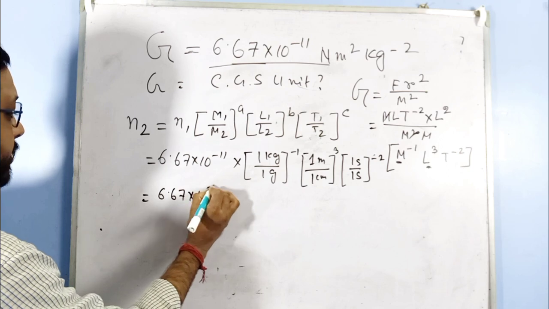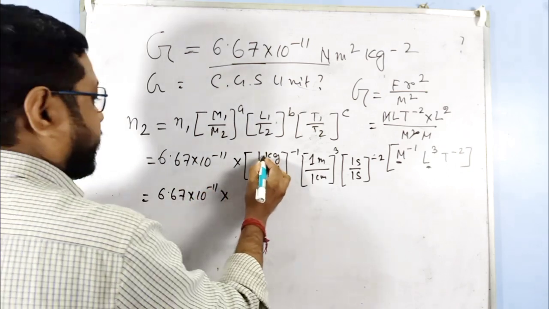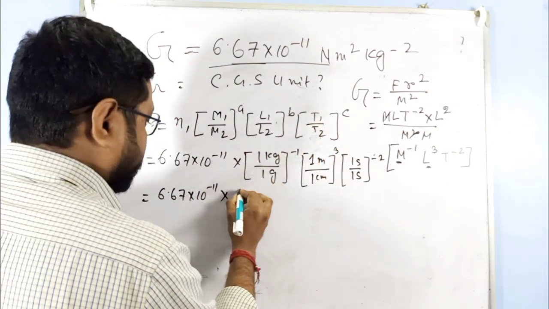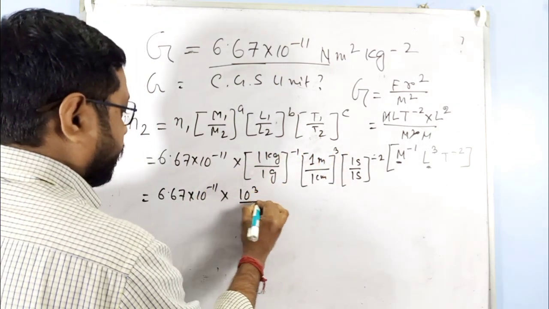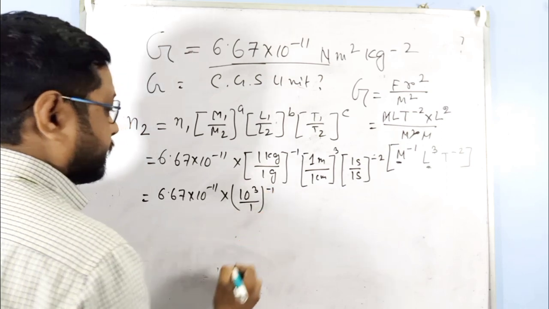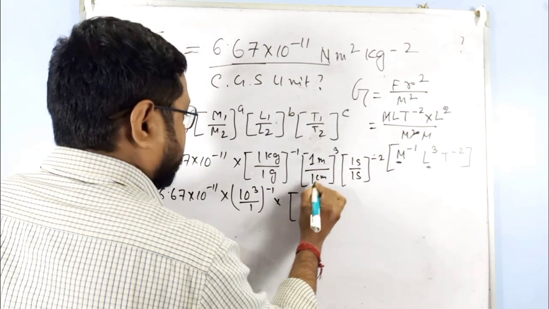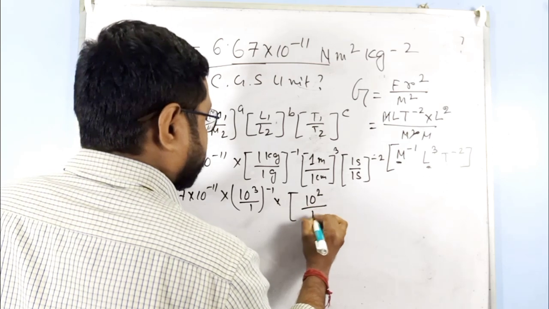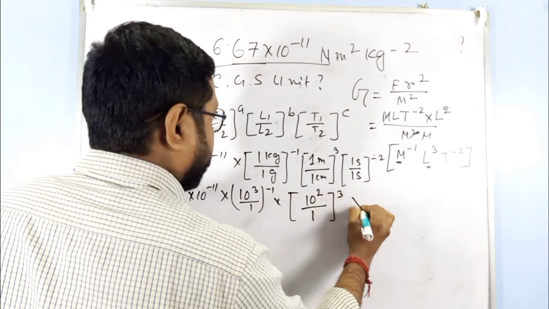So 6.67 into 10 to the power minus 11 into 1 kg by 1 gram. The ratio is 10 cube because 1 kg equals 10 to the power 3. So 10 cube to the power minus 1, multiplied by 1 meter means 10 square cm by 1 cm cube, and this is 1.